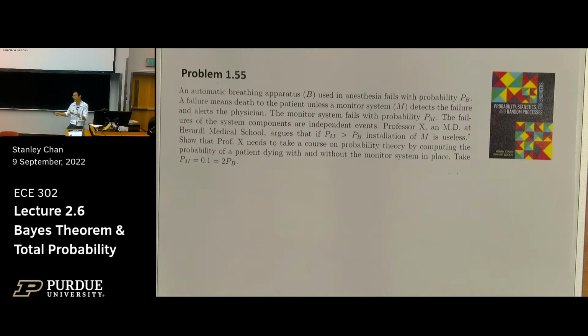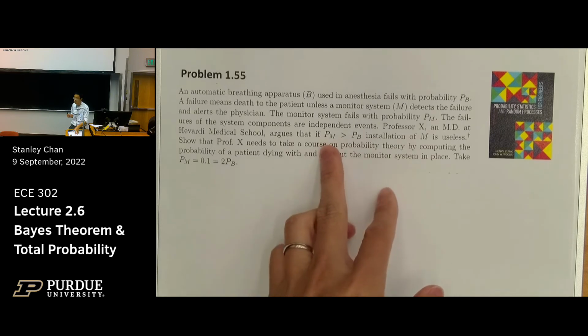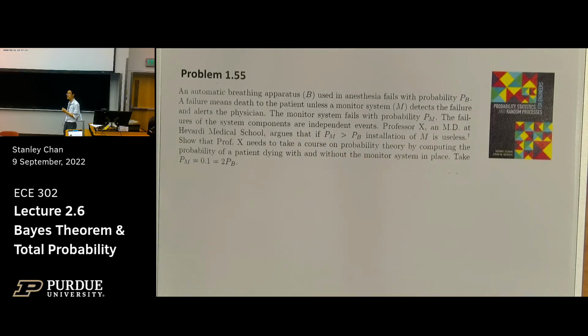Then you shouldn't use it. Then this monitoring system is useless. And so his argument was that let's just look at this probability PM and look at the probability of PB. If PM is bigger than PB, it's useless.